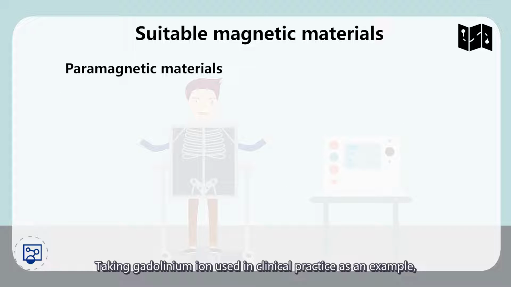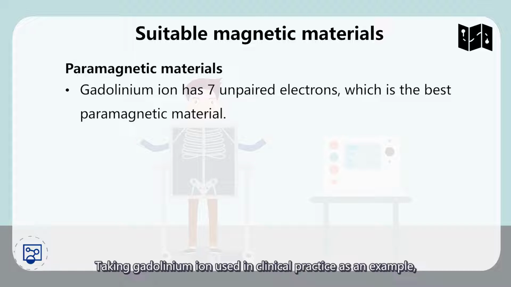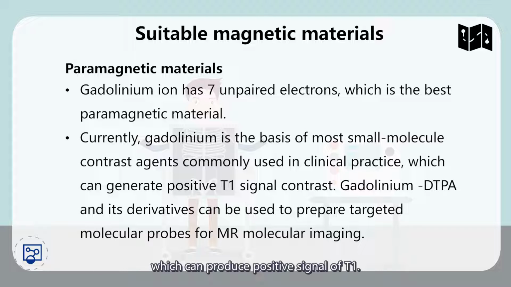Taking the gadolinium ion used in clinical practice as an example, the reason why it can become a good paramagnetic substance is that there are 7 unpaired electrons around the gadolinium ion, which can produce a positive T1 signal.